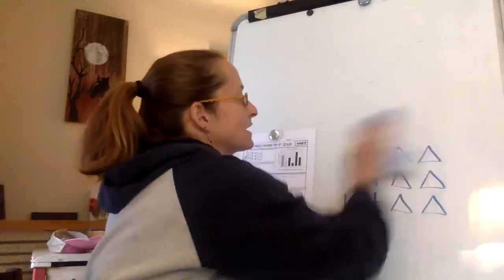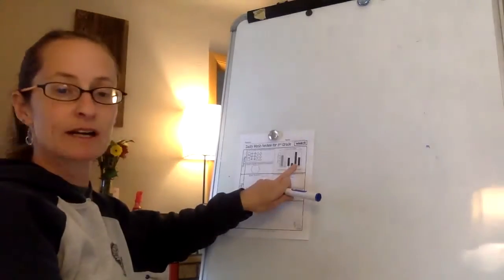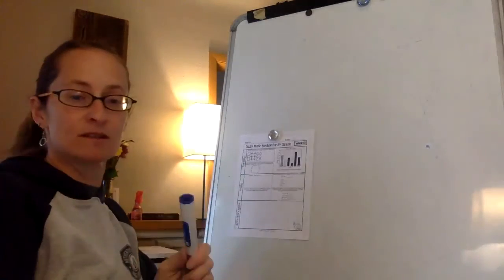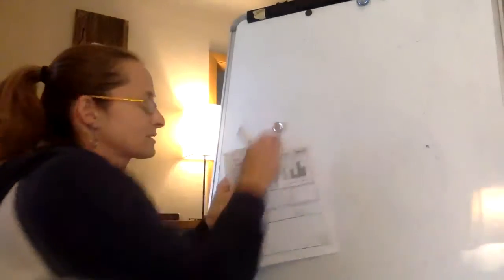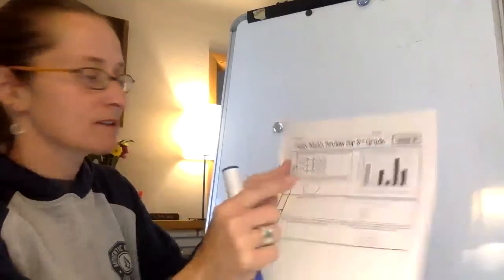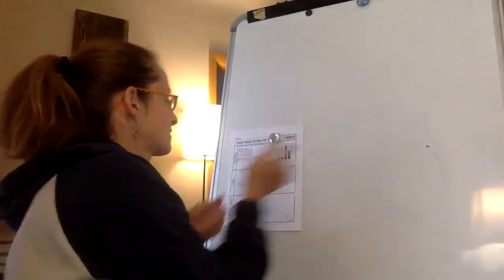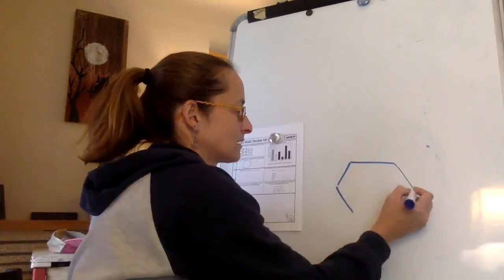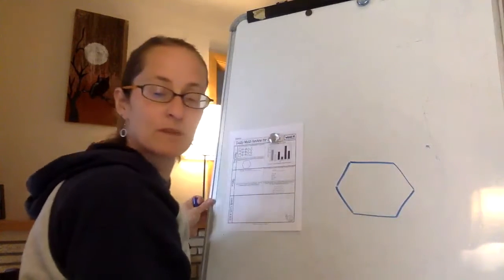So I'm going to let you do the graph question right here. Okay, but partition the figure into 6 equal parts. Sorry, you probably can't see that. There is our hexagon. So I'm going to attempt to draw that the best I can. Not perfect, but it will do.